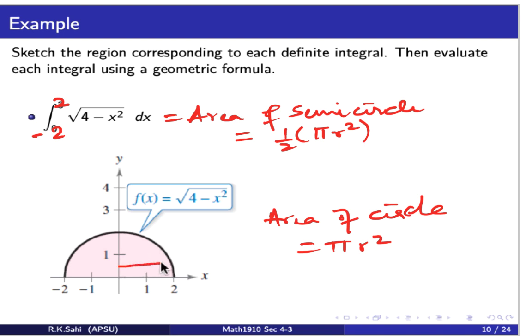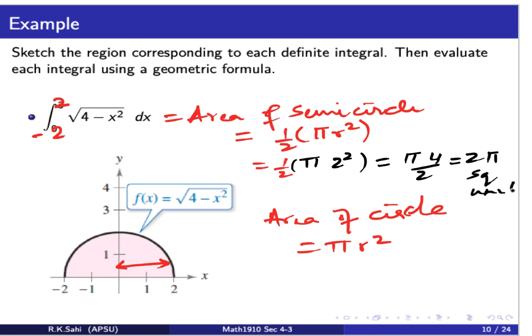That's the radius, guys. Do you notice this one? My radius is 2 units. So it's half times pi times 2 squared, which is pi times 4 over 2, which is 2 pi. Make sure you write down square units.